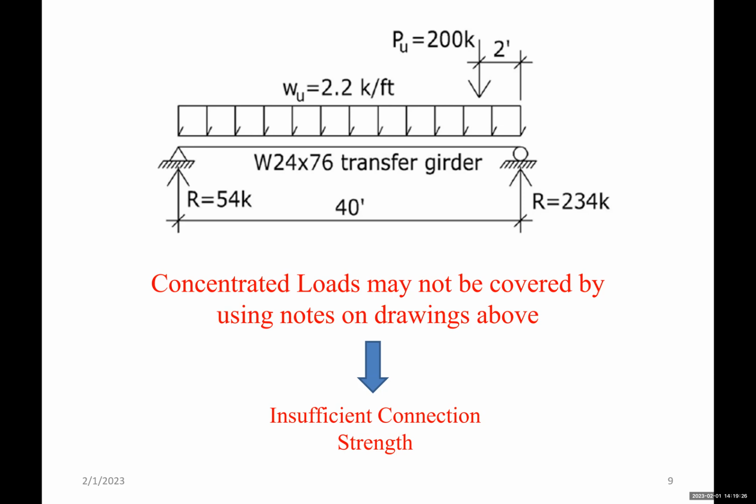From whatever loads you have in your model, just export all the reactions on the drawings, on the framing plan, and let them deal with it. Or for selected beams, or you could add that manually. Okay, you can mark those up with some maybe contingency that you add to whatever reactions. So there's a way to control that.